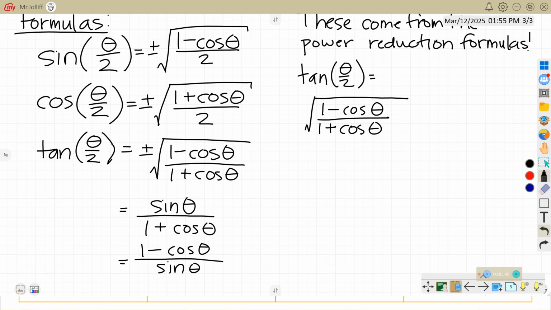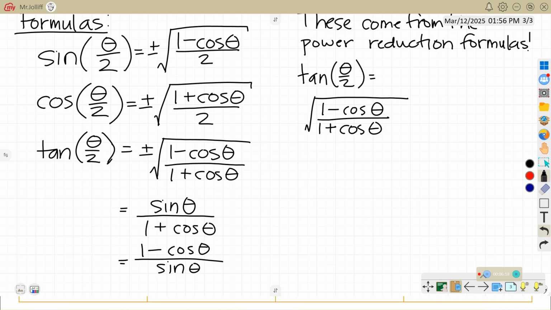Ugh. Yuck. So, looking at that, I know this is where I am. I know this is where I want to be. And in order for that to happen, I need to get that denominator, 1 plus cos, out from under the square root.